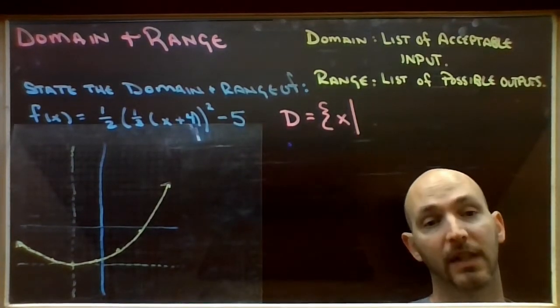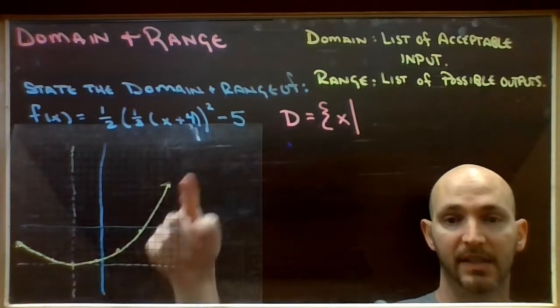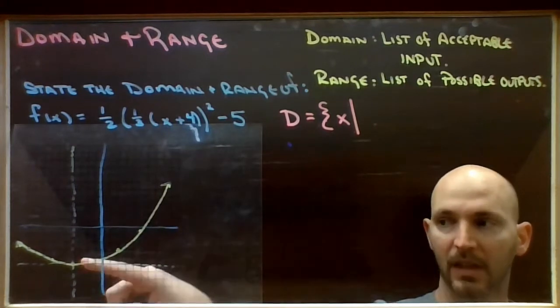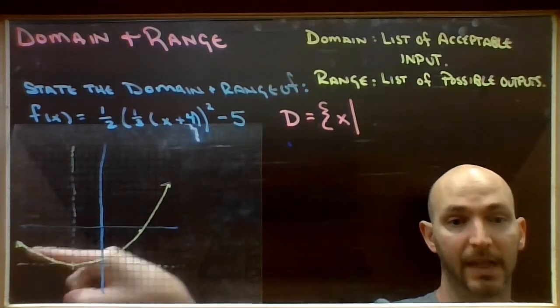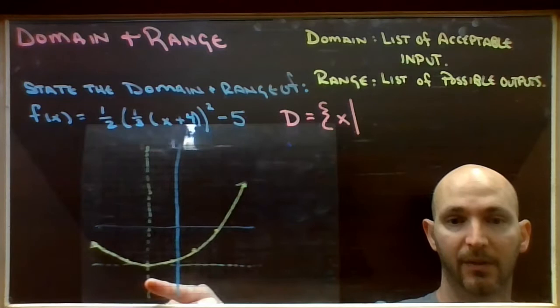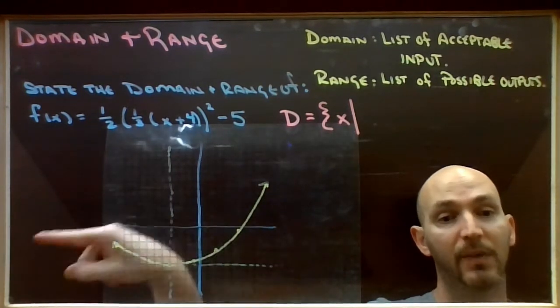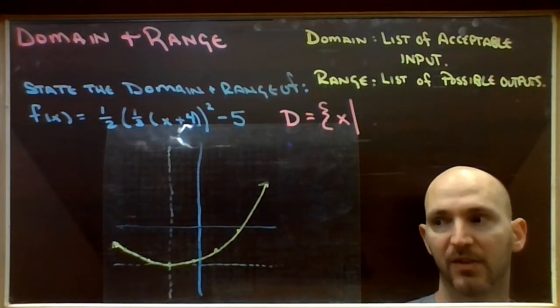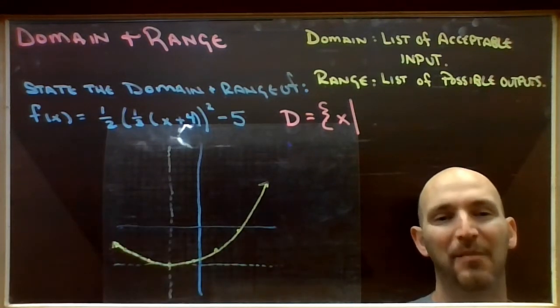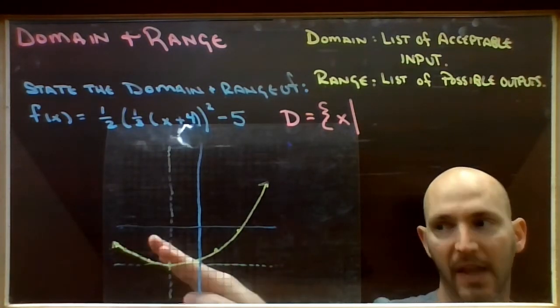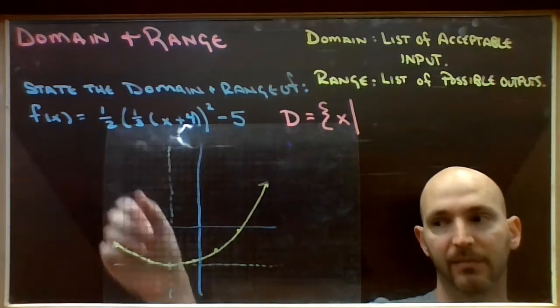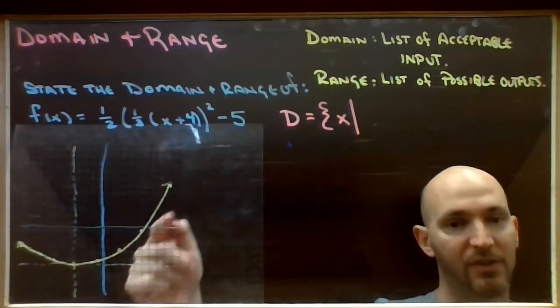Now I have to look at the x values here. If I look at this parabola, I ran out of room going that way, but if I were to slide the graph over and keep drawing, this parabola would continue that way forever. There's no reason to stop drawing it except that you run out of paper. So that's going to go forever in that direction. In this direction, it's the same thing.